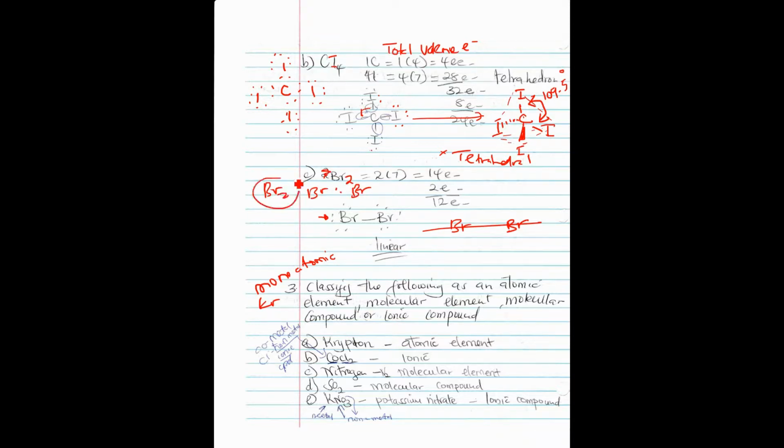In Br2, this is a halogen. Halogens are always diatomic. Oxygen is diatomic, nitrogen is diatomic, hydrogen is diatomic, iodine is diatomic, but remember oxygen can be triatomic in ozone. Okay, so just these are few molecules to memorize.